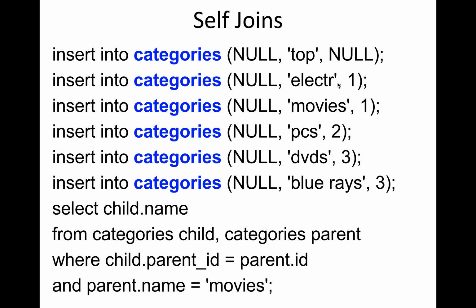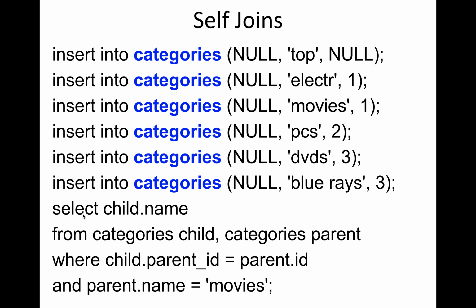These are the two top categories, electronics and movies, and they have parent 1, which is the top one. Then you have PCs pointing to electronics as a parent category, whereas DVDs and Blu-rays are pointing to movies. So you have this hierarchy of top categories, then electronics and movies, and under electronics you have PCs, and under movies you have DVDs and Blu-rays.